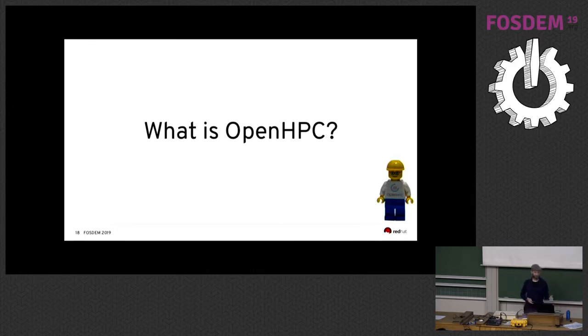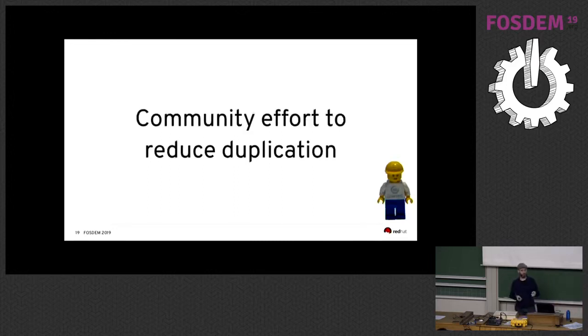Its overall goal is to reduce duplication of work through a community effort, so that everyone tries to come together and offer ideas, and in case of OpenHPC, even software packages you can easily install to get an initial system running.